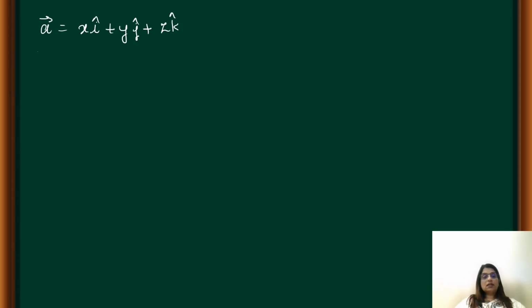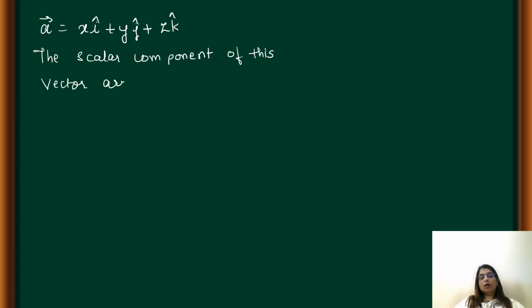Correct. The scalar components of this vector are the direction ratios of this vector. Are you guys getting it?